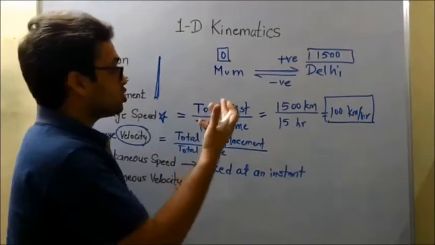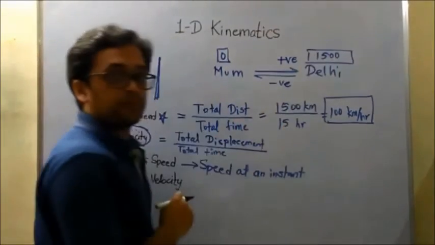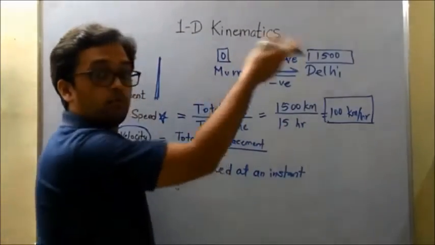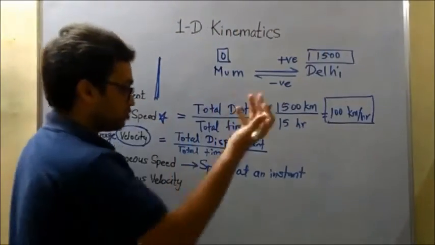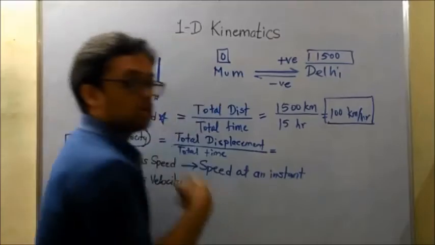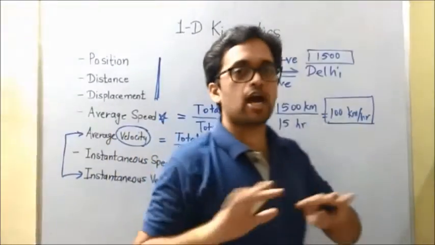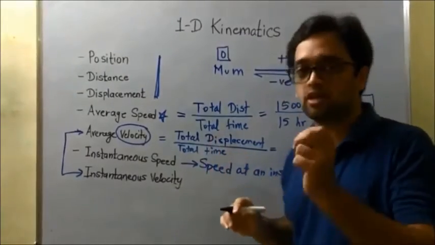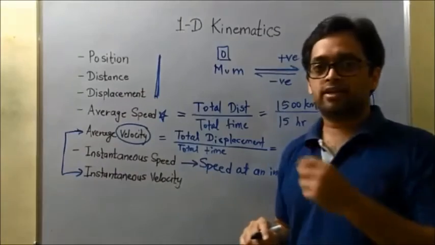Now what is the total displacement? If I say from Mumbai to Delhi, it is change in the position. So it is 1500 minus 0. Change is always expressed as final minus initial. Remember this sentence for the entire physics course. Whenever I utter the word change, it is always final minus initial.